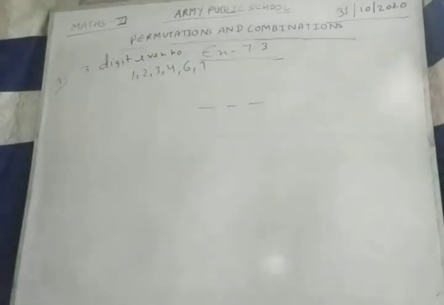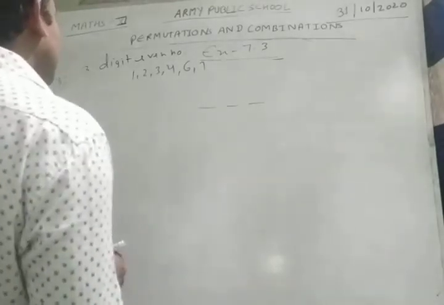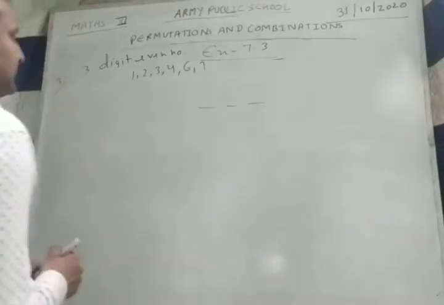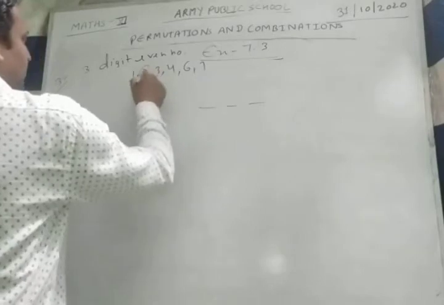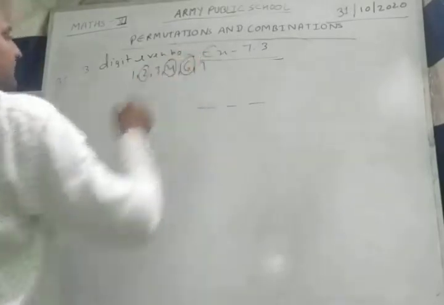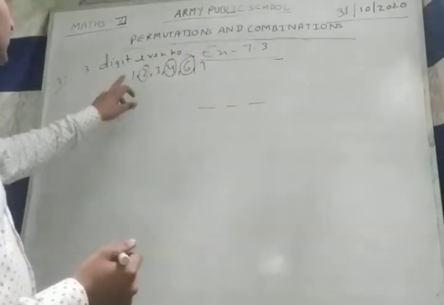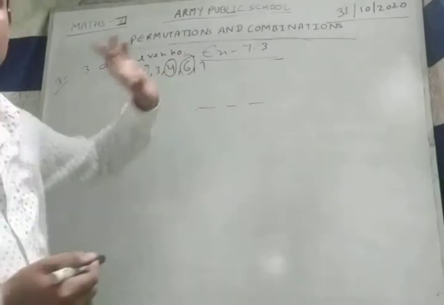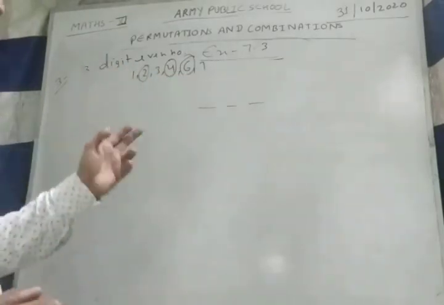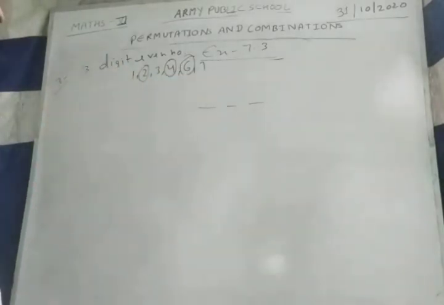So 3-digit even numbers we have to form. So even digits are 2, 4 and 6 and there are total 1, 2, 3, 4, 5, 6 digits. From these 6 digits we have to find 3-digit even numbers.